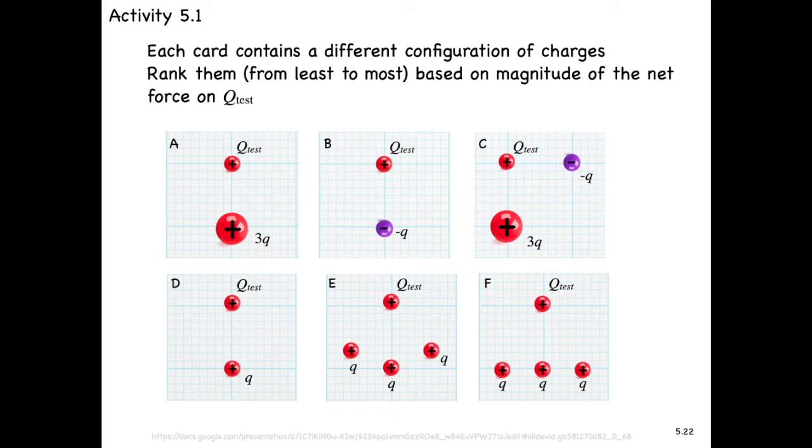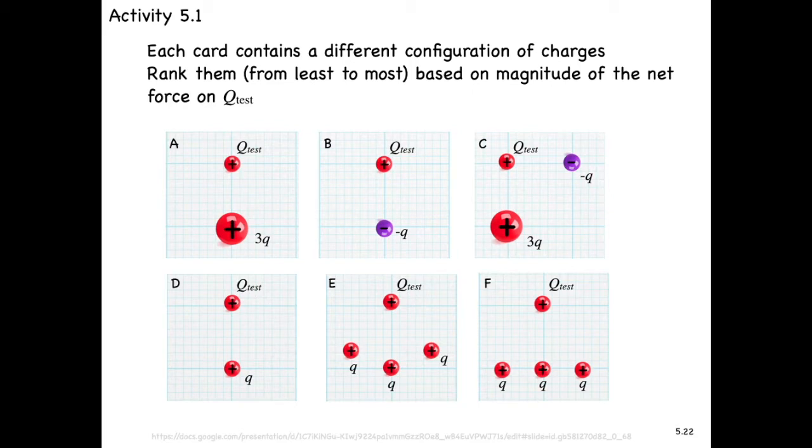Okay, so why is that going to be less than, for example, A? How do we know, for example, that D, this charge feels less force than this charge? Yeah, this is a greater charge here. It's 3 times bigger, so it's going to produce 3 times as much force.